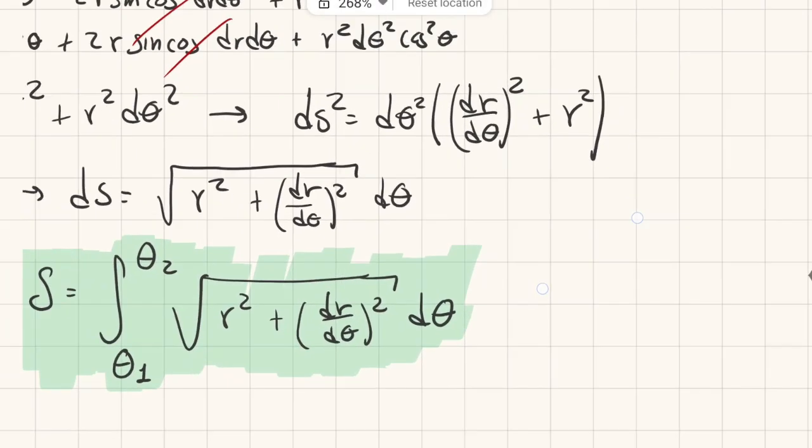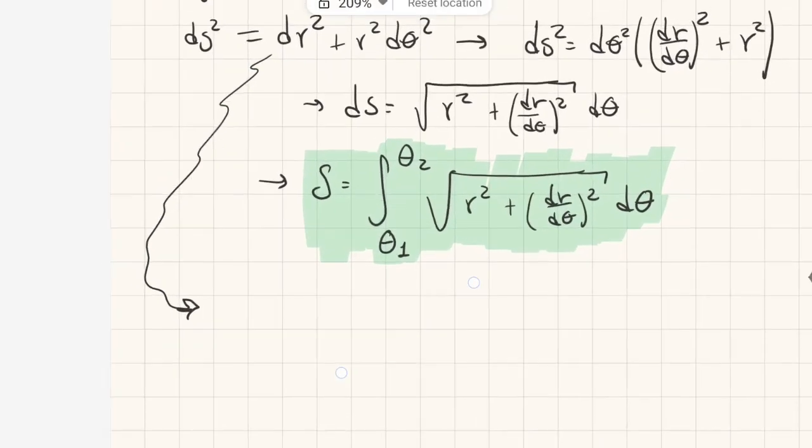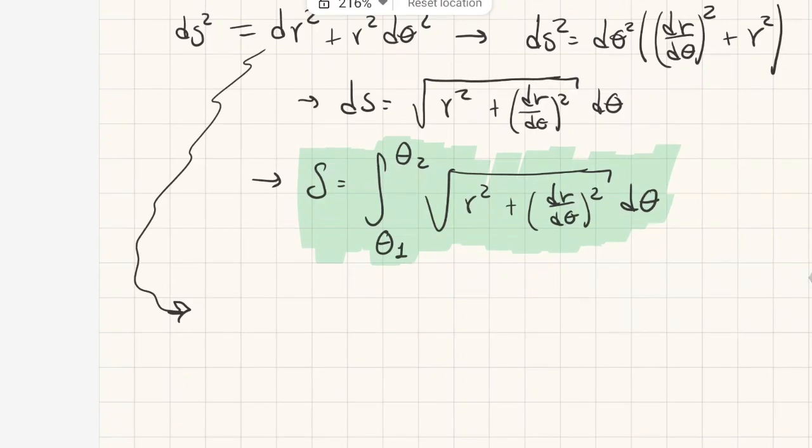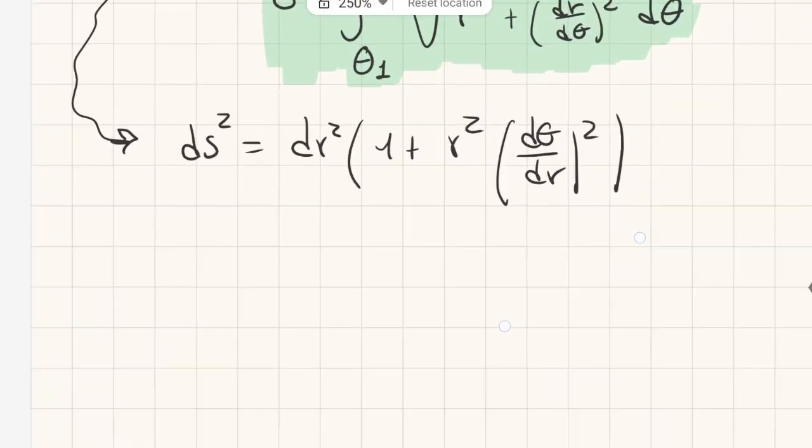And another thing that I think is worth mentioning is that from this definition of ds squared, instead of factoring d theta squared, we can factor dr squared. So we will get ds squared equals dr squared times 1 plus r squared, and then we will have the derivative of theta with respect to r squared, like this.